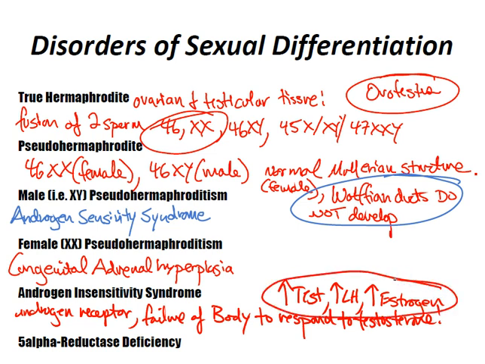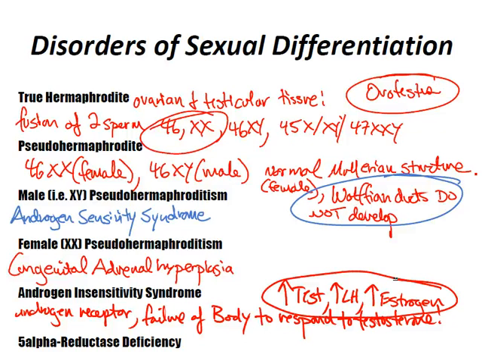So now let's talk about 5-alpha reductase deficiency. Now, 5-alpha reductase converts what? Testosterone to dihydrotestosterone, or DHT, in the peripheral tissues. Dihydrotestosterone is required for normal masculinization of the external genitalia in utero. So genetic males with a 5-alpha reductase deficiency are born with what? Ambiguous genitalia, for example, male pseudohermaphroditism. Increased testosterone causes masculinization of genitalia at puberty.